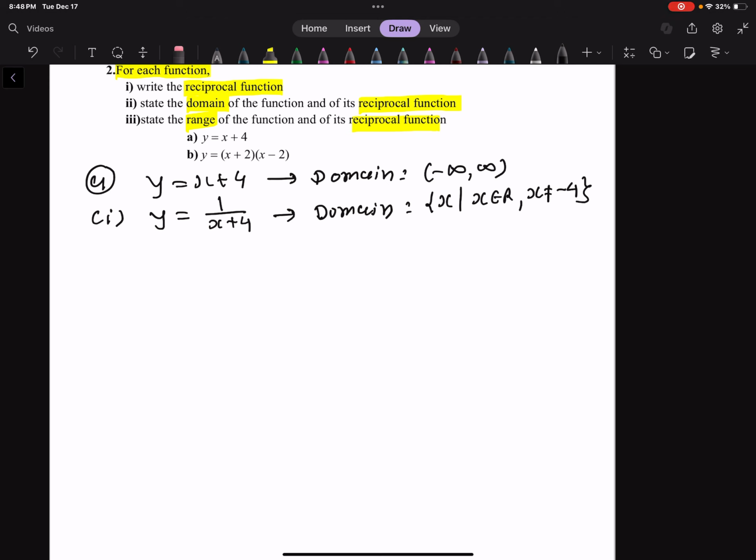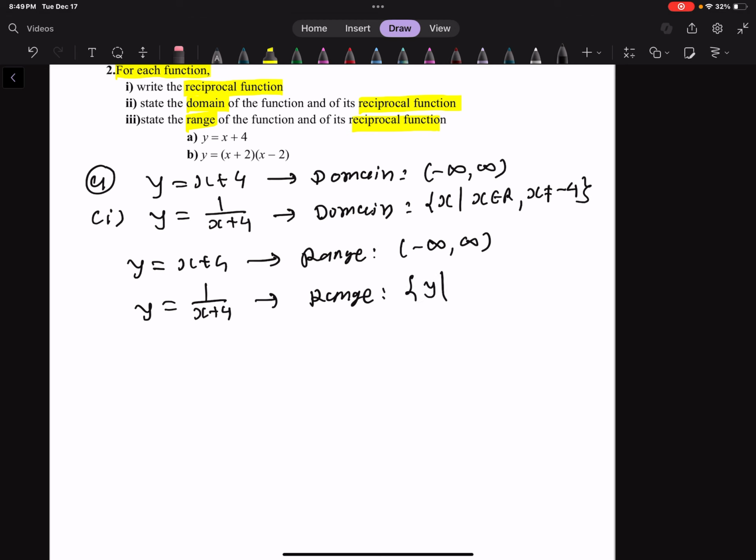If we're talking about the range of the base graph, the range is the possible values of y. For the linear, it's negative infinity to positive infinity. But for the reciprocal graph, y cannot be 0.